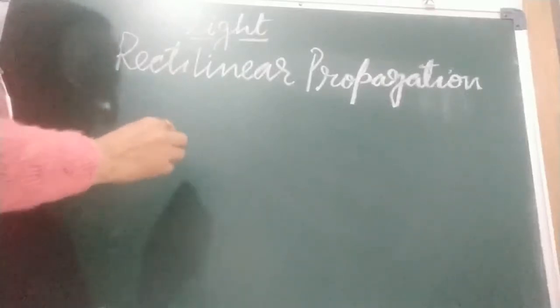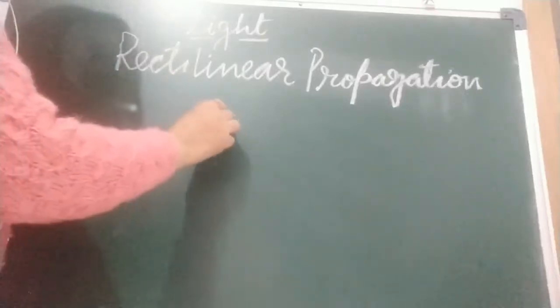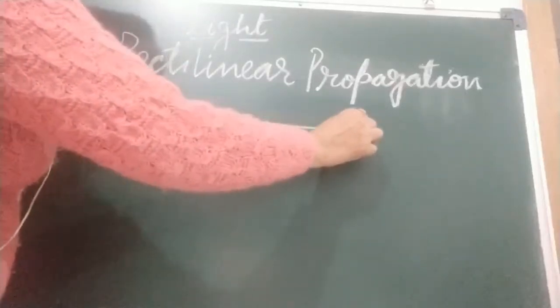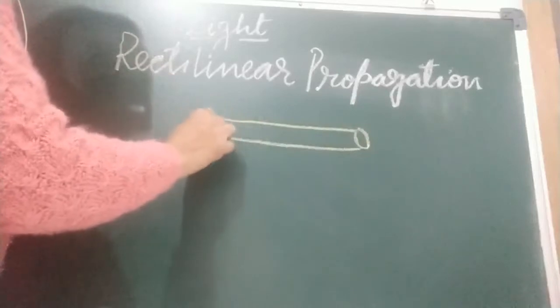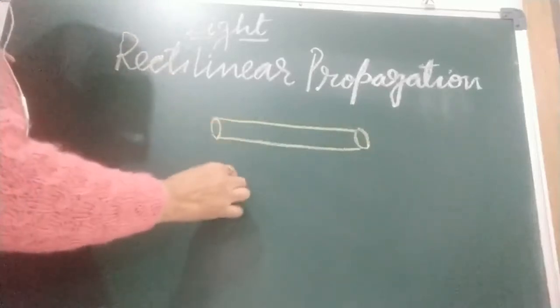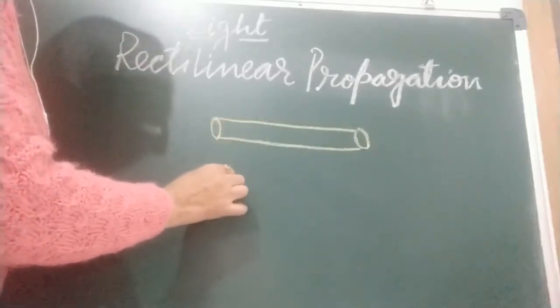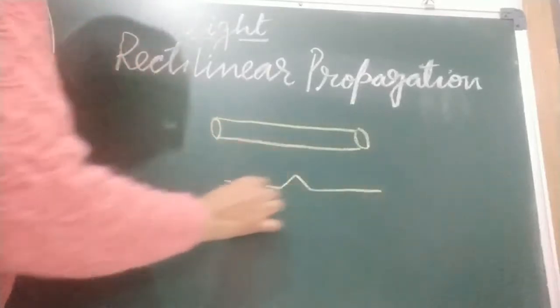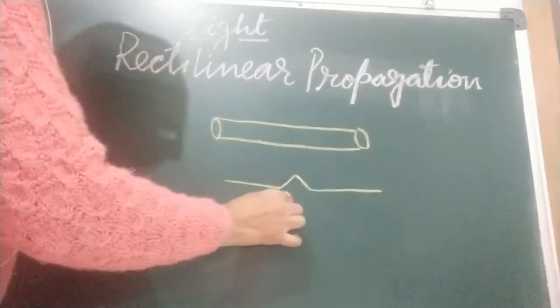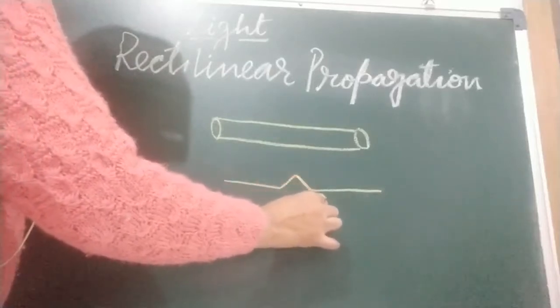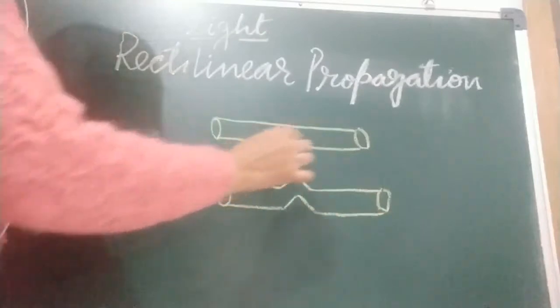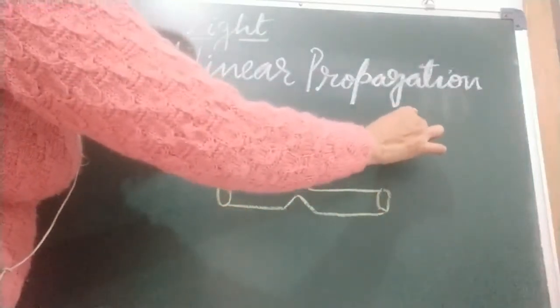What we will do, we will take one straight tube. You know, science wants proof for everything. And one we are going to take bent tube. Okay, this is bent in between. We have taken these two tubes and we have placed one candle.